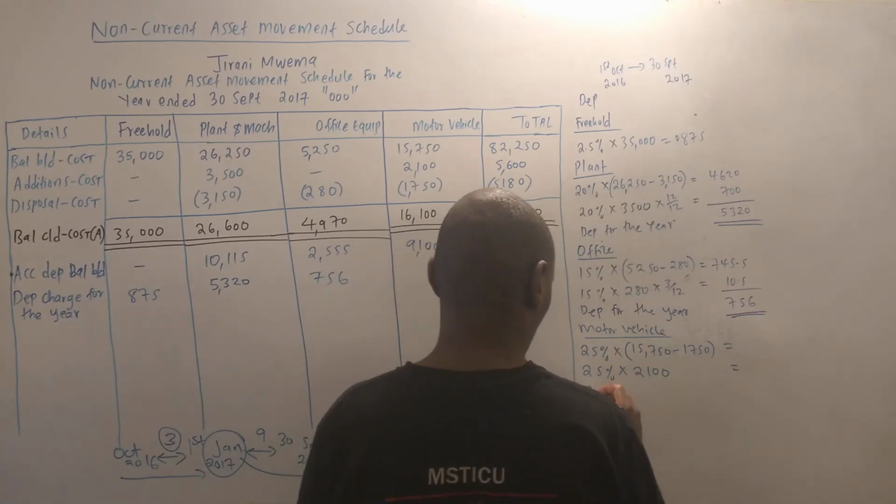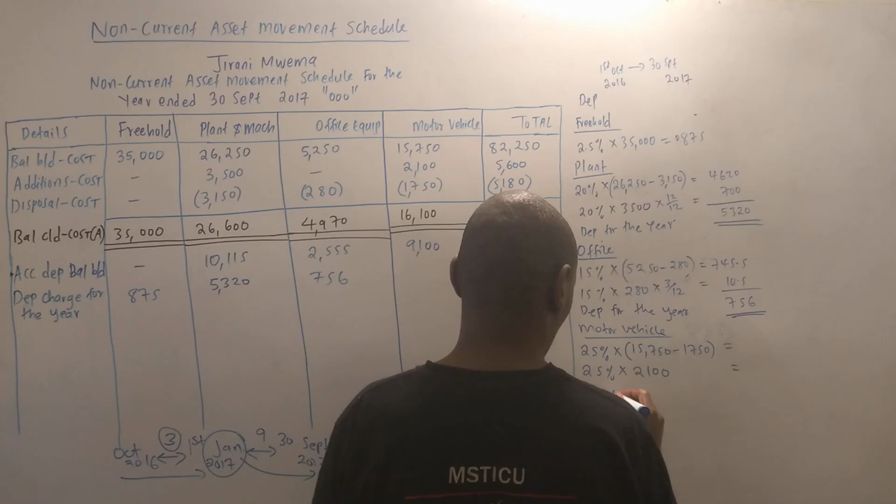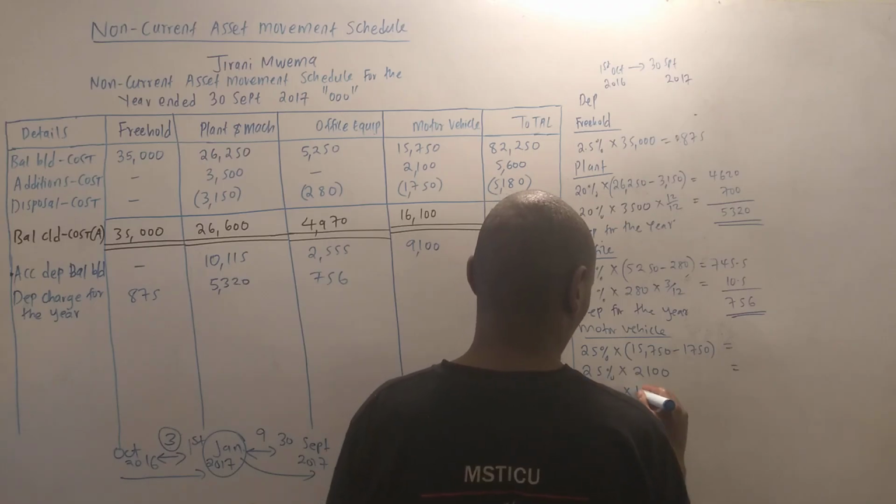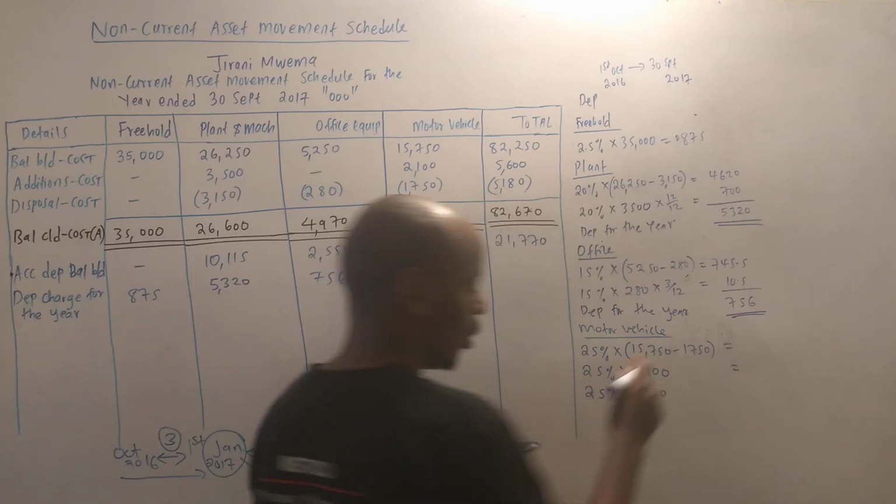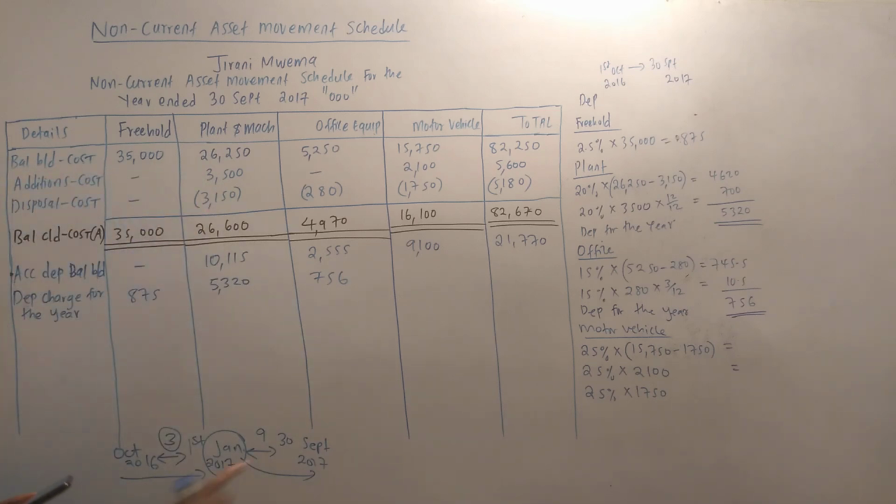And then also the one that was disposed, 1750. For how long was it used? So you need to consider also for disposal the period that was used.